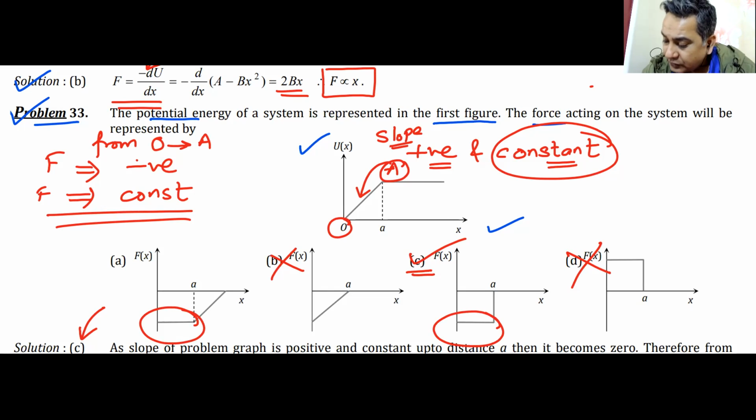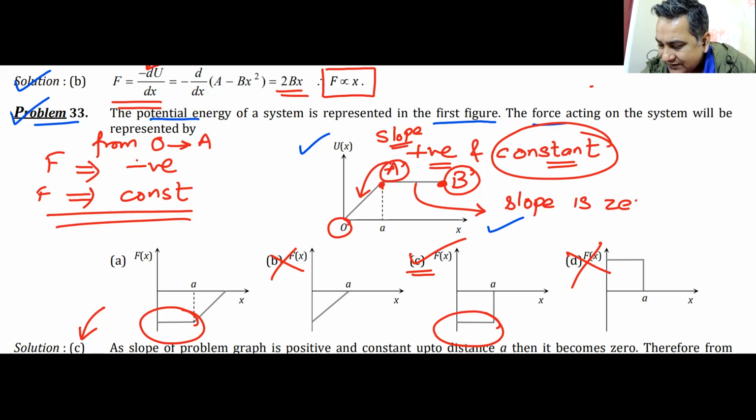Now I look at the portion from A to B. This point is A, and this point is B. If I look at the energy graph from A to B, it is a straight line parallel to the x-axis. That means here slope is 0. It does not change. Slope is 0.